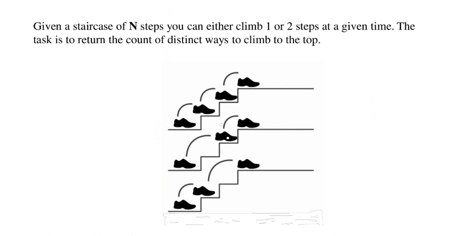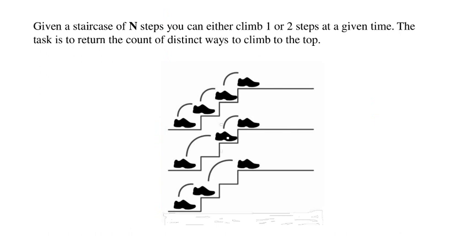I am a very young athlete and a long jumper, I want to take n by 2 steps at a time. No, no, no. We don't agree to that. The constraint in this problem is, mind you, at a time you can either climb 1 or 2 steps. Now the task is to return the count, the number of distinct ways you can go to the top. Got it?